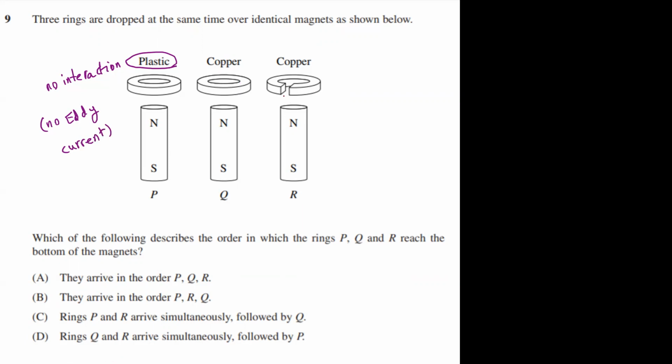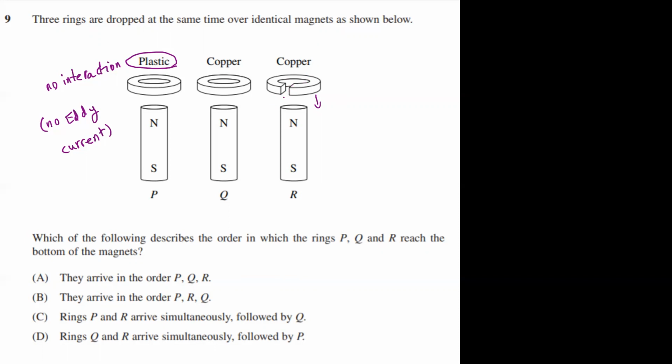And let's look at R. Again, I see the copper. I know copper is a metal, so we expect to have eddy current here that opposes the change in magnetic flux. Because we drop this one, we expect an eddy current that opposes the change and should slow this one down.